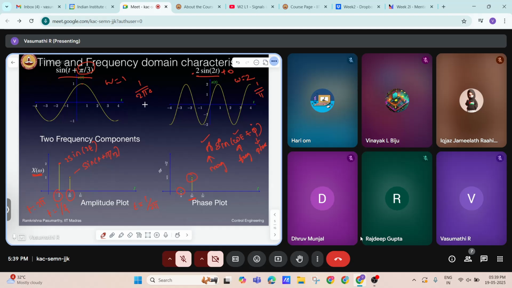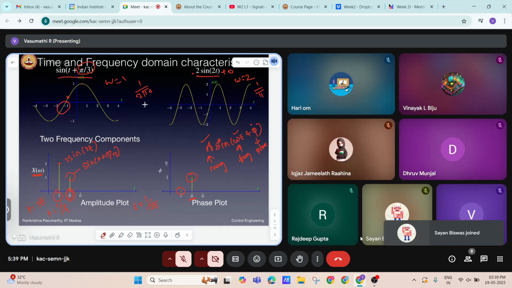So here you can see at this frequency how efficient the signal is, what is the magnitude of the signal. Whereas in the time domain, at this time, what is the magnitude of this signal? That's how we see. If there is some other signal at the same frequency, that will be mentioned here.